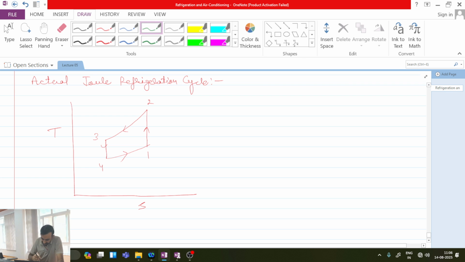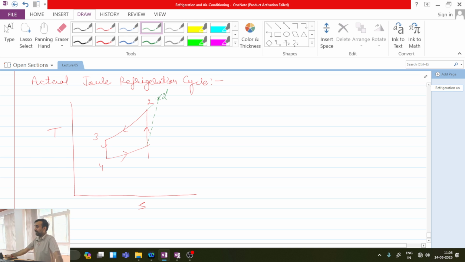So because of this, I will find that instead of ending at point 2, the process 1 will take a different path, and the path will be, as the working fluid keeps on moving along the blades of the compressor, its entropy will keep on increasing, and finally we have to reach this pressure line. So my compression process will end somewhere at point 2s.